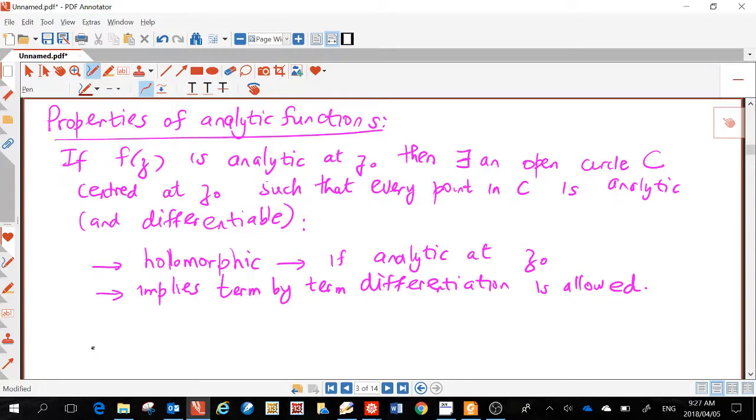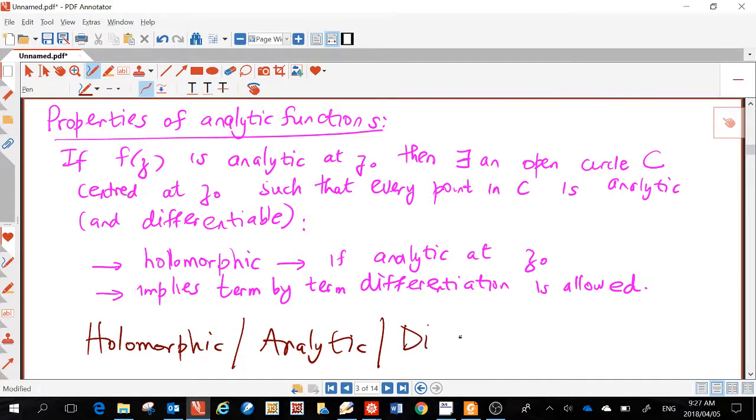So, as I was saying, words like holomorphic, analytic, differentiable, they are similar. They mean the same thing.